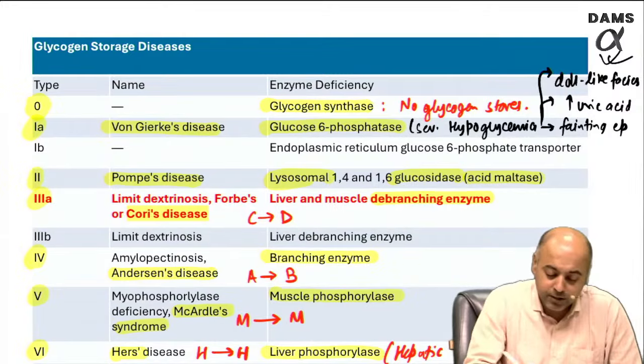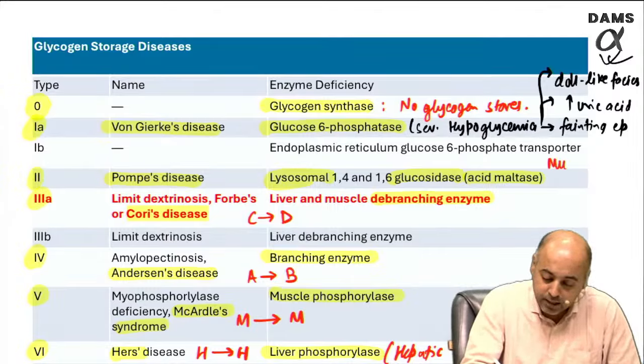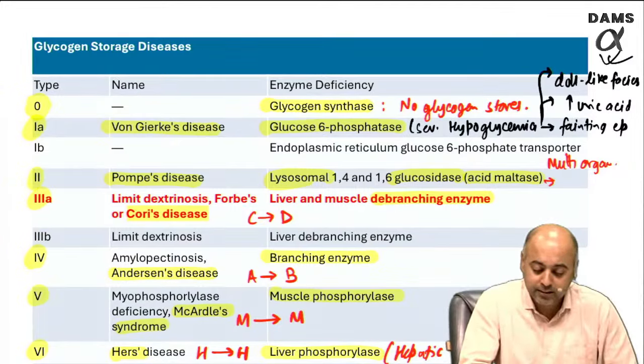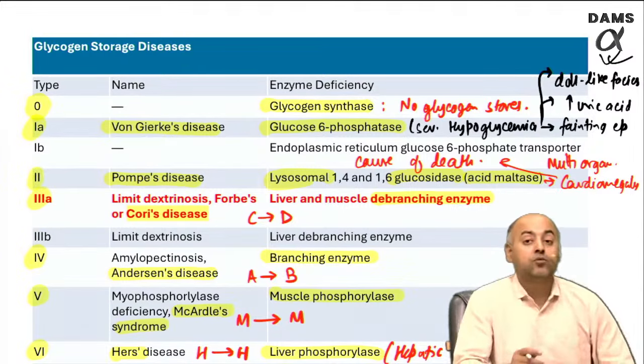In Pompe's, what you get to see is the multi-organ involvement, and very characteristic is cardiomegaly, and this cardiomegaly is also the cause of death. So you may even get the X-ray picture where it shows the cardiomegaly.